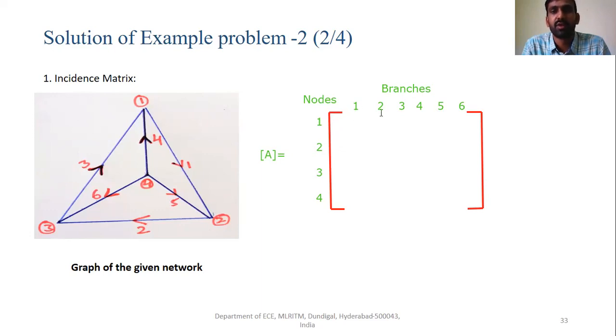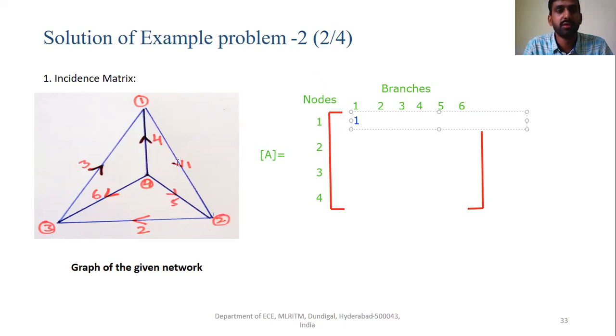So let us write 1, 2, 3, 4, 5, 6, the branches. Where is the branch number 1 here? This is the branch number 1. Is the branch number 1 incident to node number 1? Yes, it is incident. Whether it is oriented towards or leaving, it is leaving the node. So if it is leaving the node, the element is going to be +1 here.